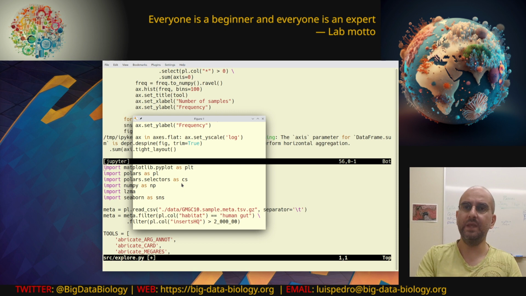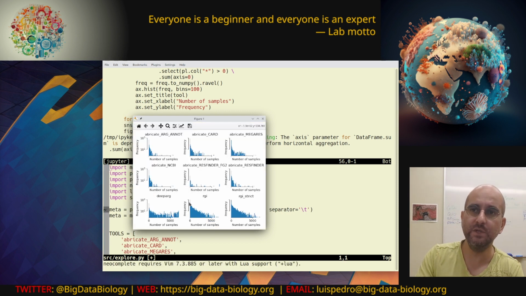We had done these histograms of how often genes appear in samples, limited to the human gut samples in the GMGC v1, the Global Microbial Gene Catalog version 1. We discussed that most genes are rare because of this long-tail distribution, but the rare genes don't have a lot of information.